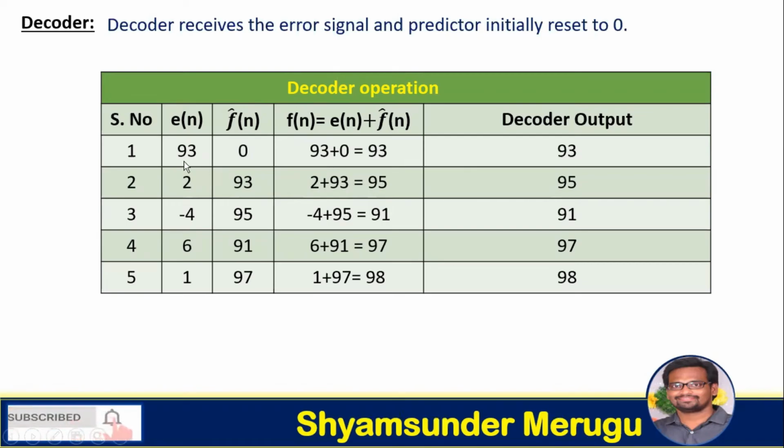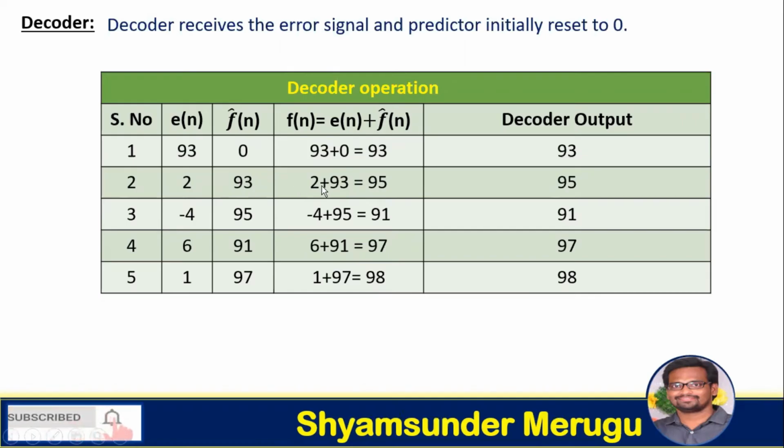For the error sample 93 and predictor value 0, we have 93 plus 0 equals 93, which is assigned as the original sequence value, that is, the decompressed value. The next sample in the error sequence is 2, and the predictor now has the past value, 93.